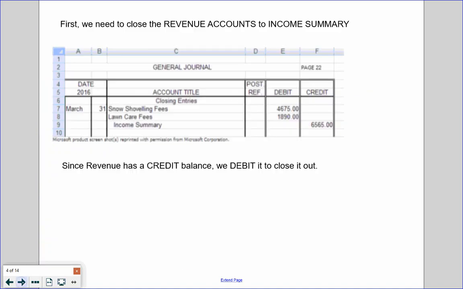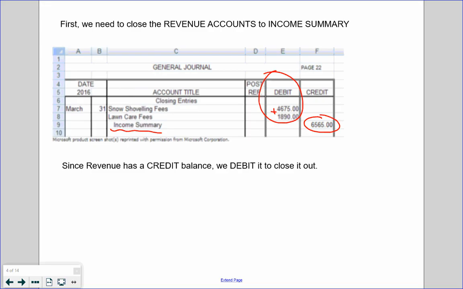So to close them out, we are going to debit them, right? We're going to do the opposite. And then you add that up, you figure out the total, and remember for every transaction, debits have to equal credits. So then you're going to write income summary and you're going to credit it that total.